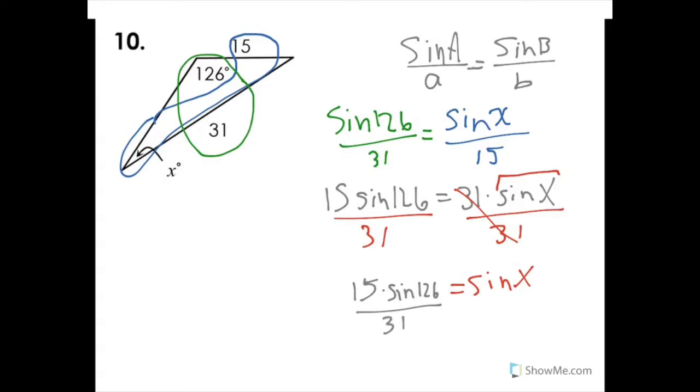So first we're going to put this fraction into your calculator and get a decimal going 4 numbers out for that. So the sine of x is equal to, when you put that into your calculator, and I'll show you how to do that, you get about 0.3915.